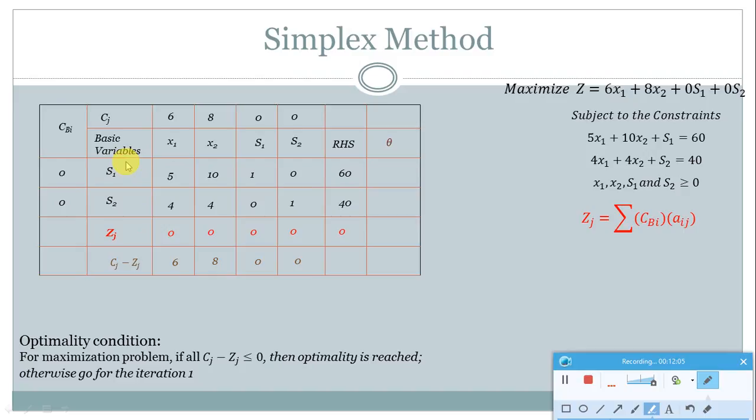The entry of the new variable into the basis and at the same time leaving of the previous variable from the basis will be done by the procedure which I am explaining here.